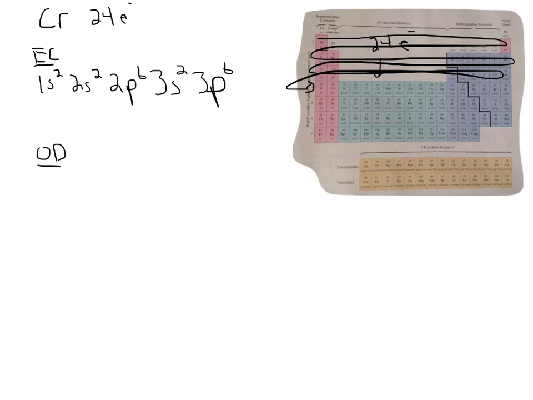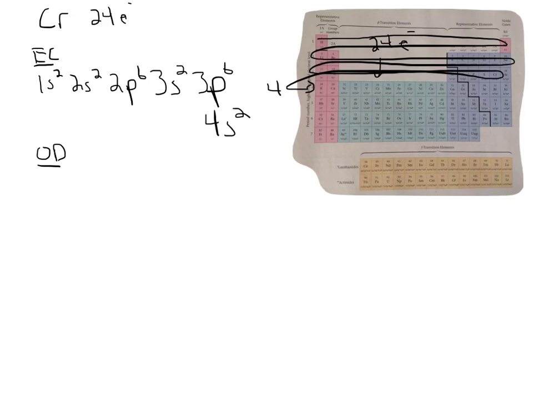So the 19th electron is going to go into, this is the 4th row, it's S1, so it's going to go into the 4s. And we've got enough to fill the 4s, so 4s2. Chromium now has 4 electrons in the D.